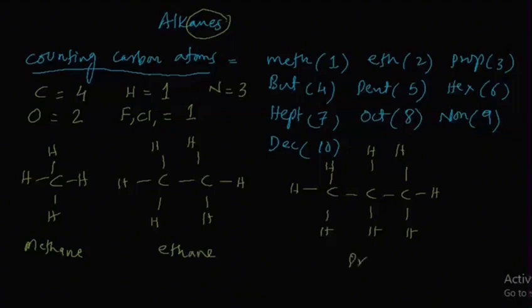Then this is propane. If we want to draw the structural formula, this is the displayed formula. This will be the structural formula for ethane, and this is the structural formula of propane.